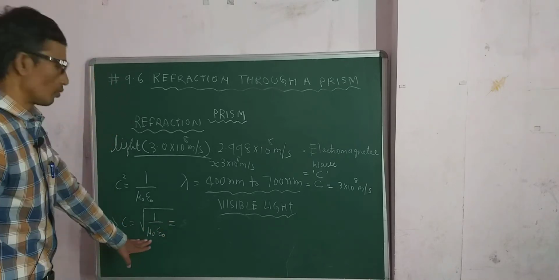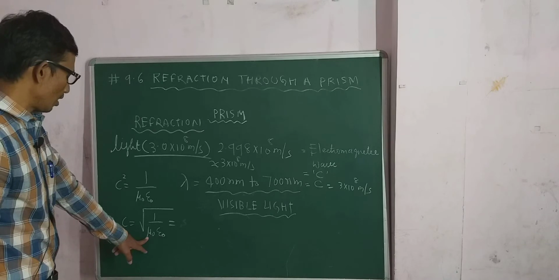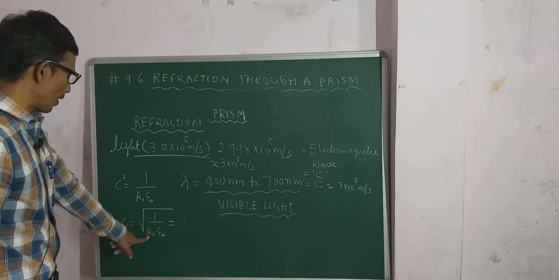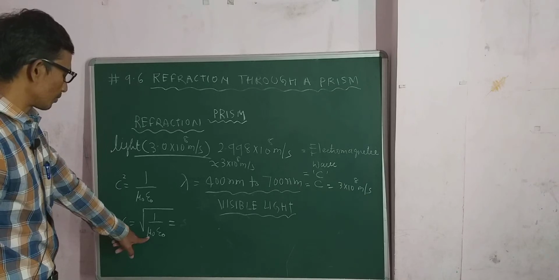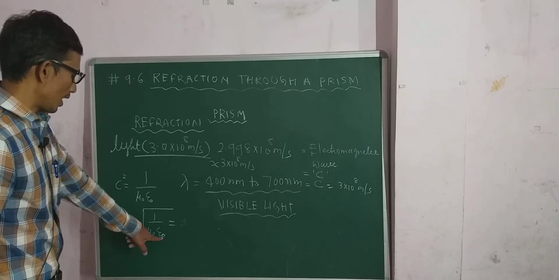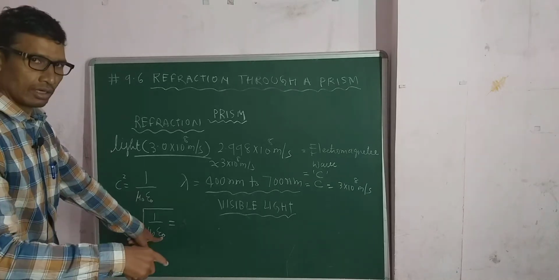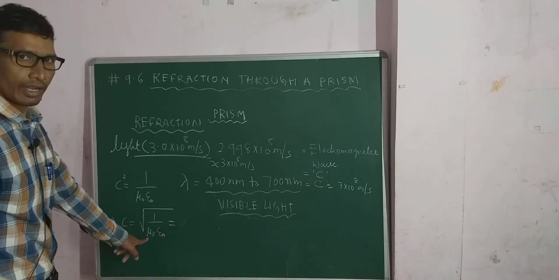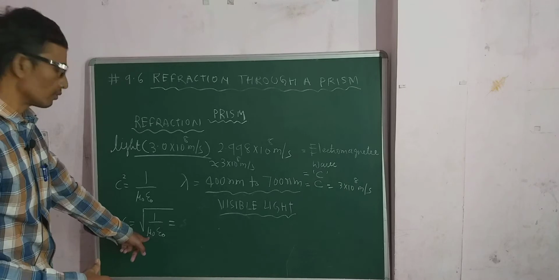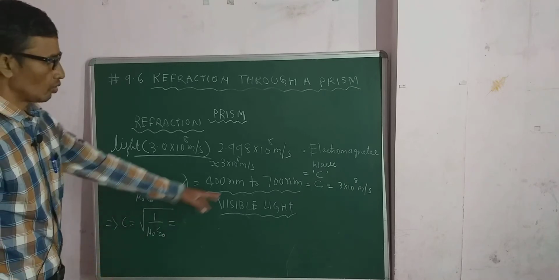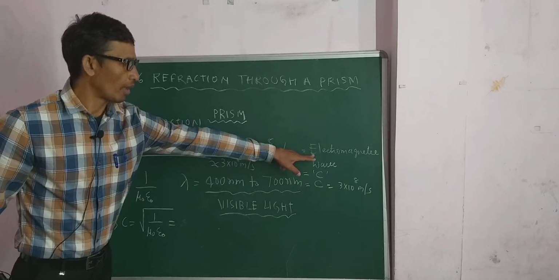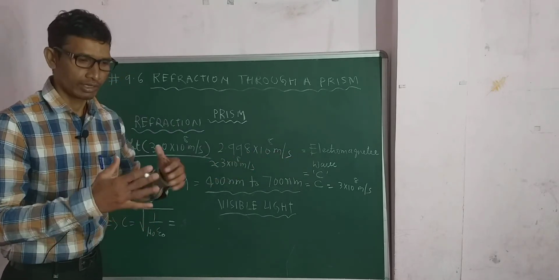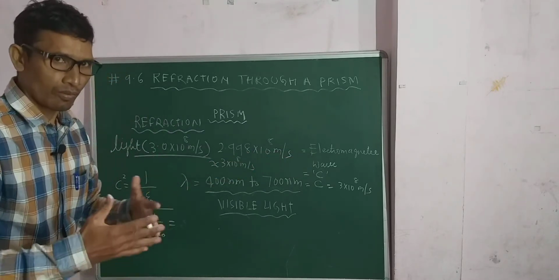The permittivity relates to the electric field and the permeability relates to the magnetic field, so this is the medium where the electromagnetic wave propagates.